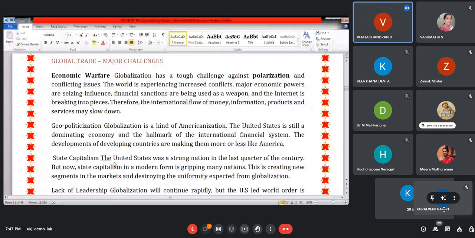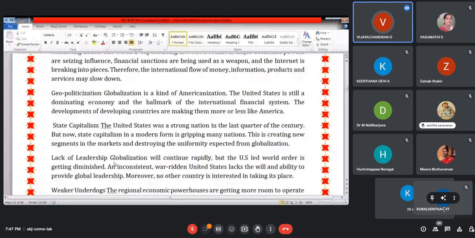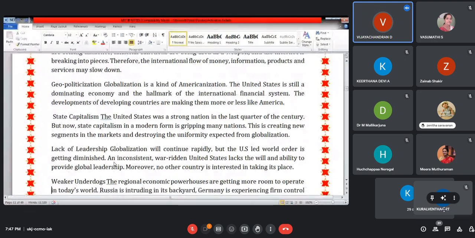And state capitalism. The United States was a strong nation in exporting the product. So there will be state capitalism. Many countries will be depending on one country. So that is another challenge, not a disadvantage, a challenge to the countries playing in international trade.